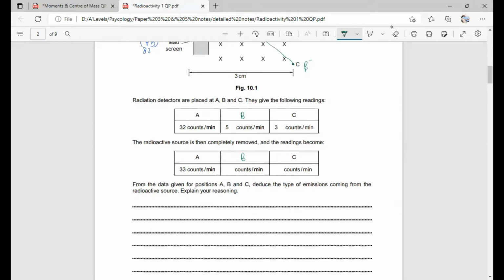33 counts per minute for A, and this is about three, and this is about two.